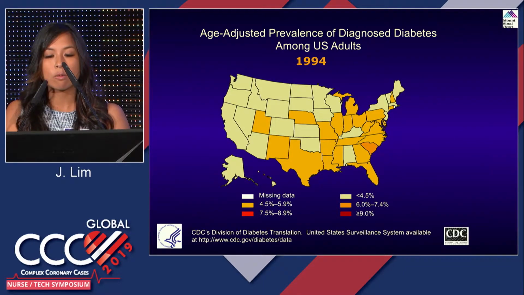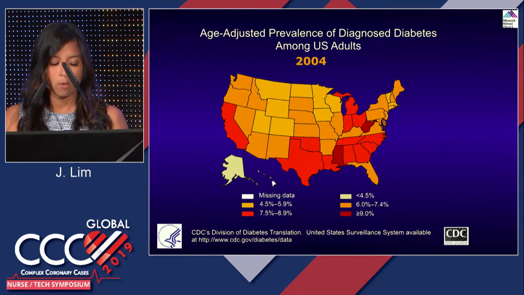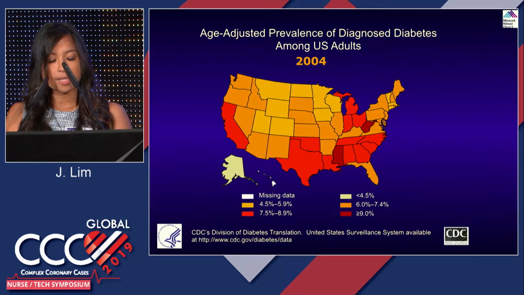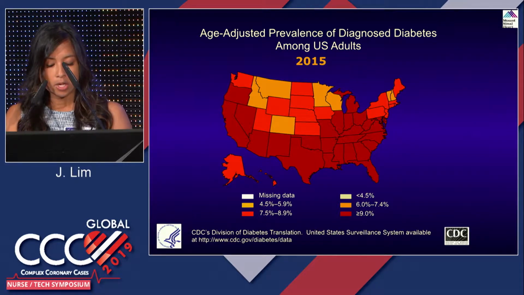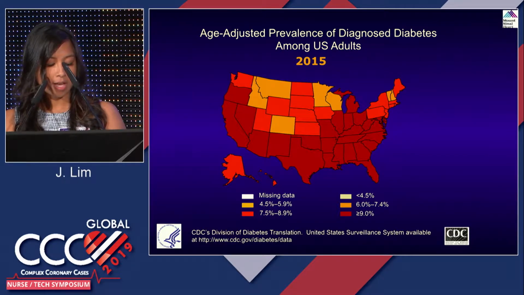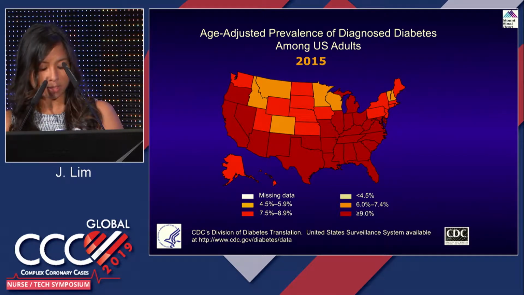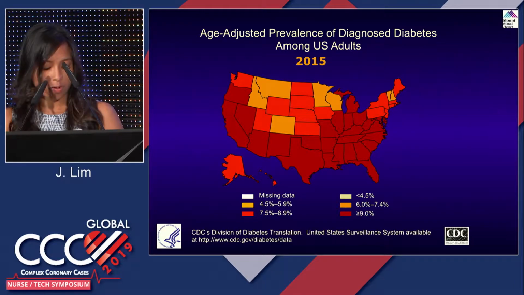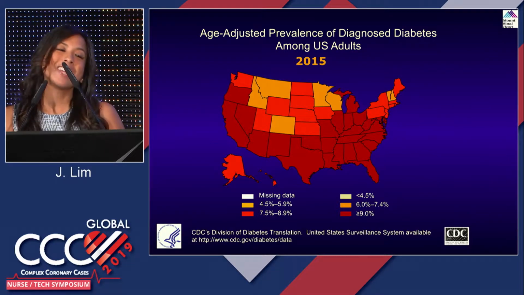We'll fast forward 10 years to 2004, and you definitely see some darker oranges and reds. And the latest one that I found is in 2015. You can definitely see the darker red accounting for greater than 9%. I would say we have no more of this yellow, even light orange. And I could bet you in a few years, probably even now, that this is all red.